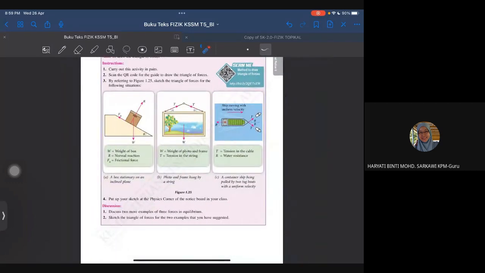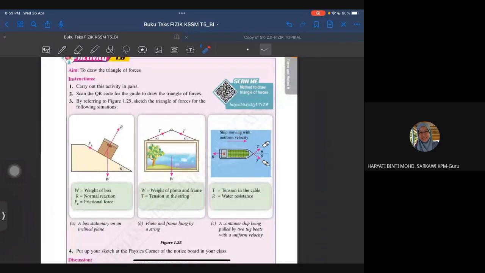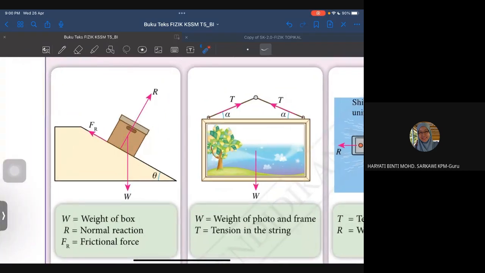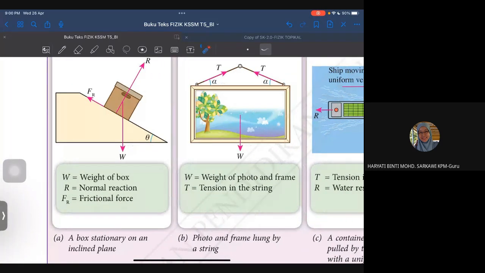So look at this page. There are three situations given here, three examples. All the forces are already labeled. In the exam, they normally don't label the force. You need to label it yourself. Okay, this one shows a box stationary on an inclined plane.